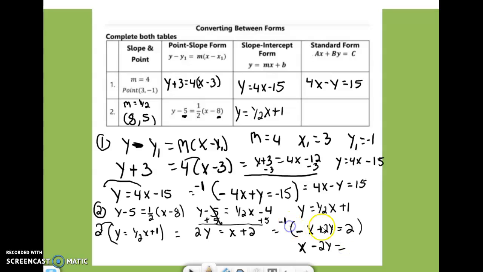And then negative 1 times 2 is negative 2. And I have it in my standard form. No fractions. Leading coefficient is not negative. Okay? And then I'm done.